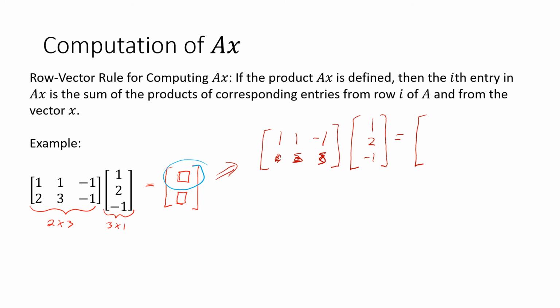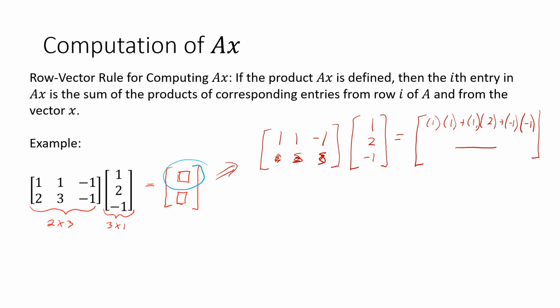So the first row of A is 1 times 1 plus the second entry in the first row times the second entry in the vector plus the third entry in the row times the third entry in the vector.